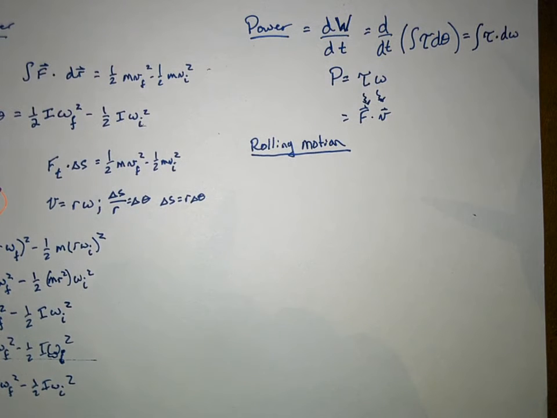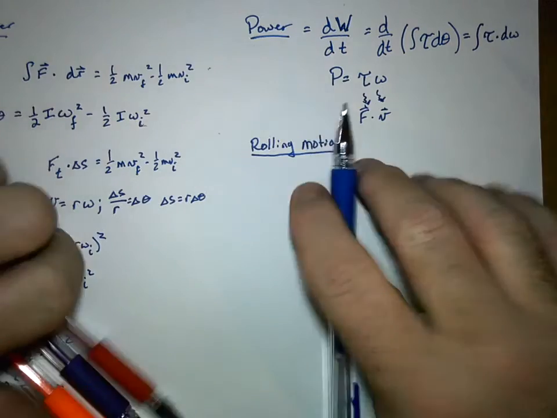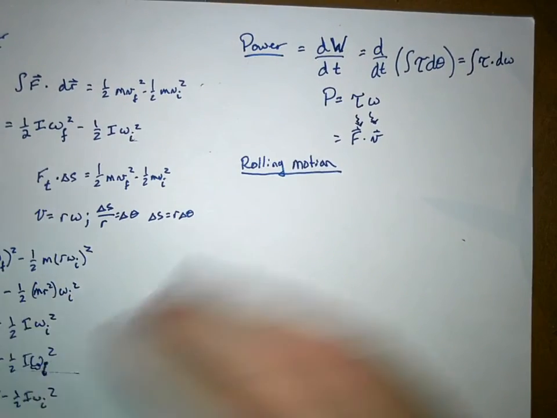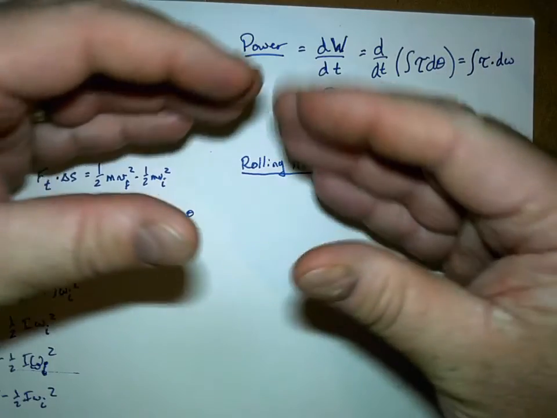That means the object isn't fluid. You don't have an object that distorts as it spins along an axis and gets squishy.